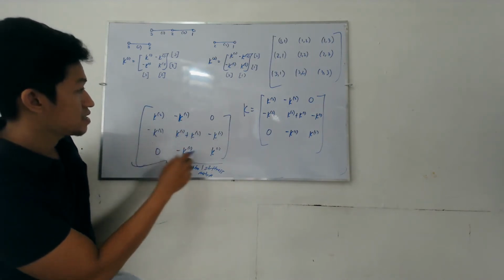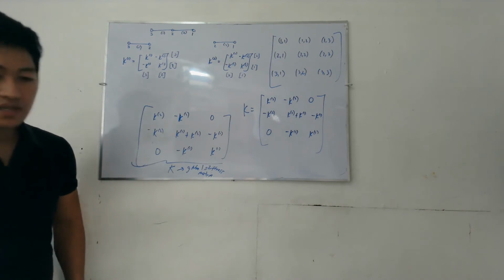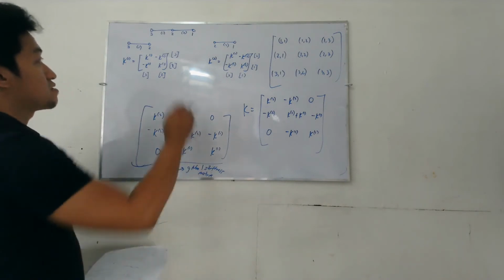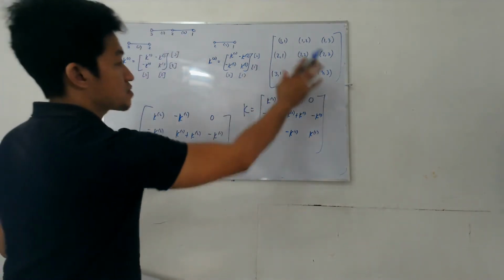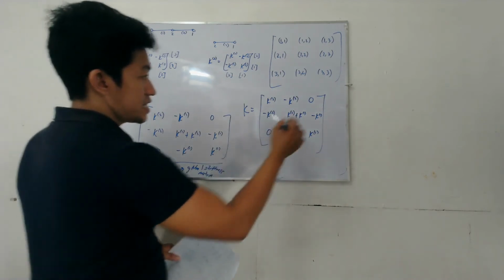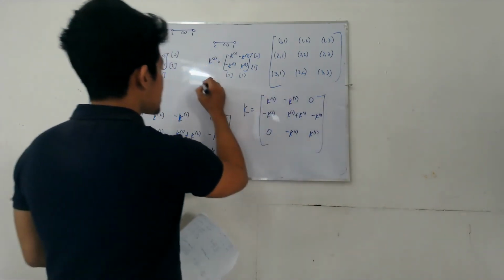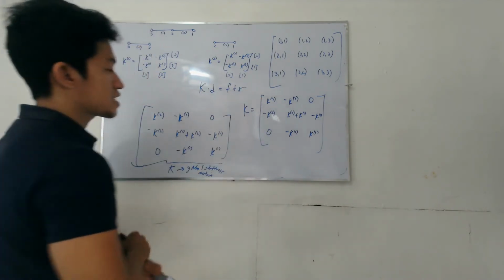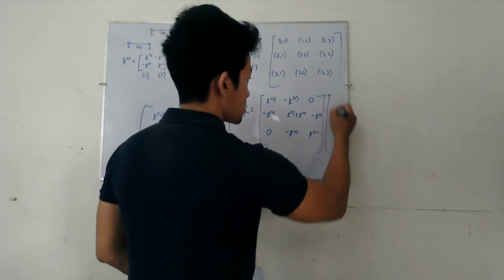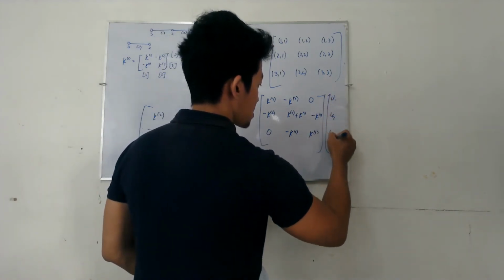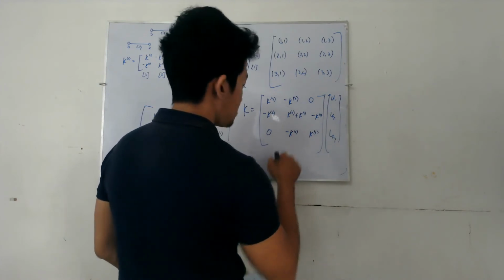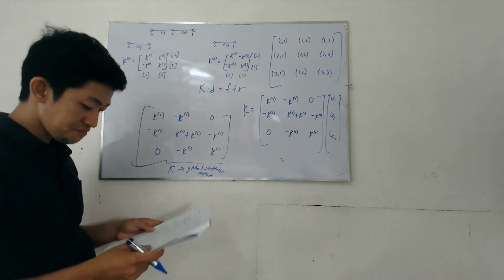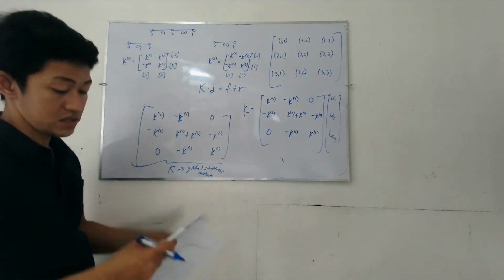So you can see, based on the configuration, you get the global stiffness matrix. And then, of course, the equation is K times D equals F plus R. Multiplying by U1, U2, U3 equals F plus R. So you get the overall equation.